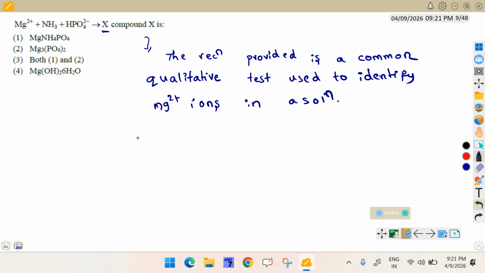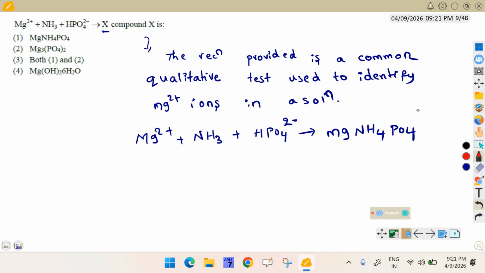Mg2+ ions combine with ammonia and HPO4 2- hydrogen phosphate ions, then give MgNH4PO4. It is a precipitate. Which color precipitate? White crystalline precipitate. So the correct option is the first option.